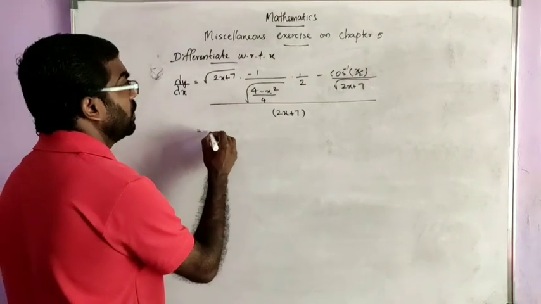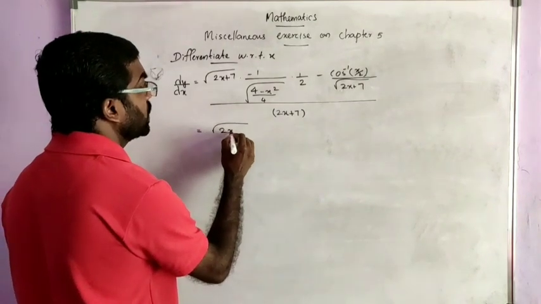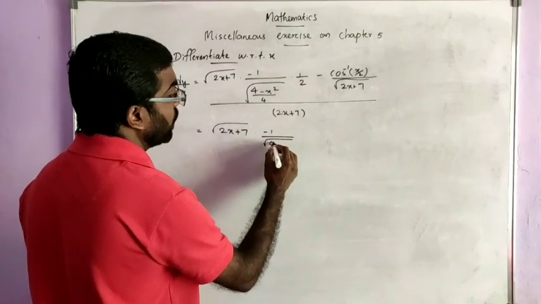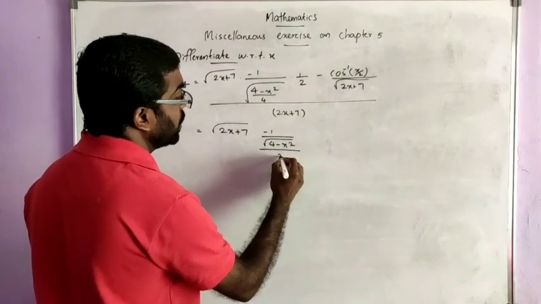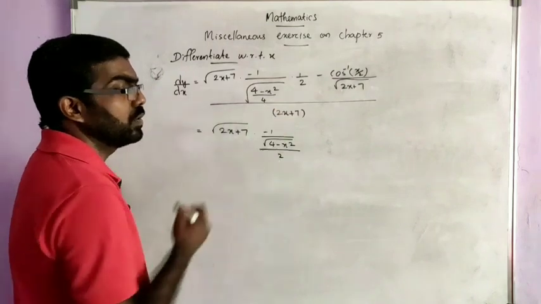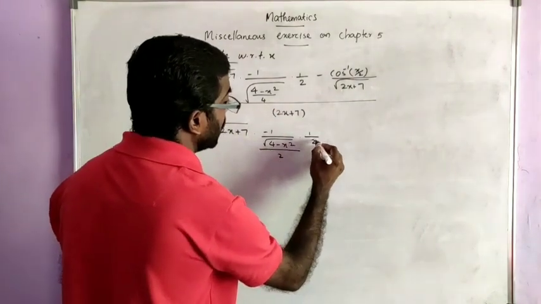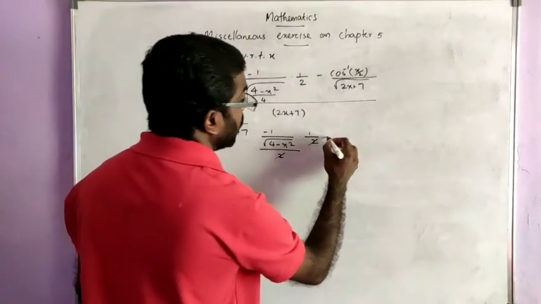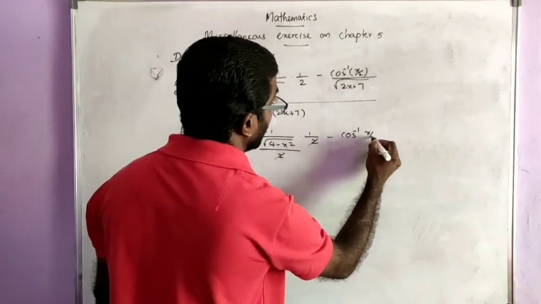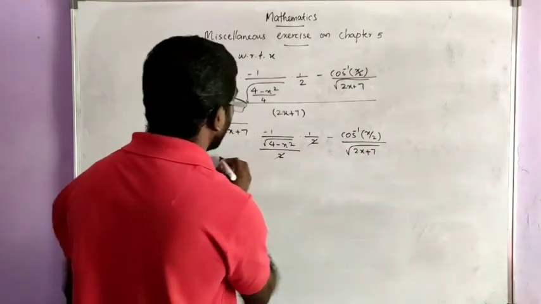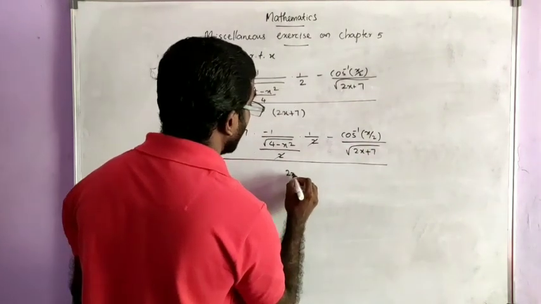Okay, which is equal to root of 2x plus 7 into minus 1 by root of 4 minus x square divided by 2. Root of 4 is 2, so we can take the square root into 1 by 2. This 2 and 2 we can cancel, minus cos inverse x by 2 divided by root of 2x plus 7 whole divided by 2x plus 7.